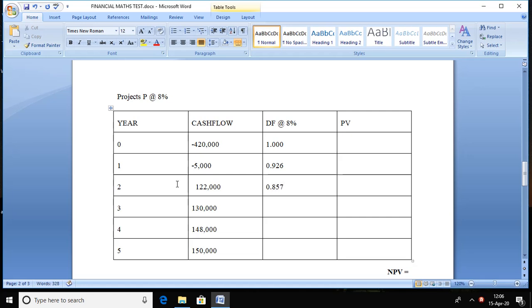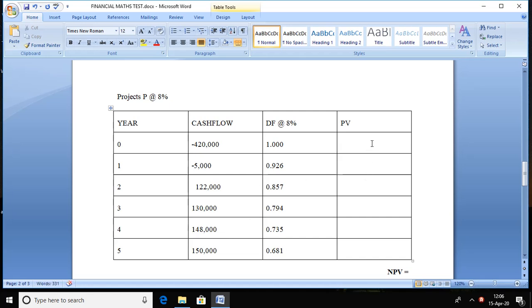The next one is 0.794. The next one is 0.735. Next is 0.681. Those are the discount factors.